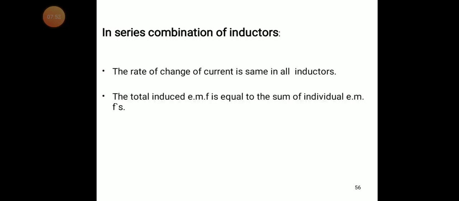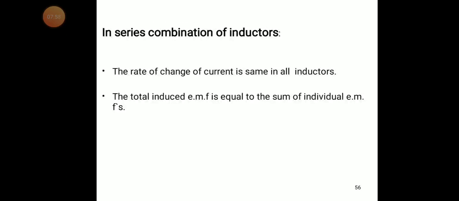Now let's discuss: if two inductors are connected in series, what happens? In a series combination of inductors, the rate of change of current is the same in all inductors. The total induced EMF is equal to the sum of the individual EMFs.